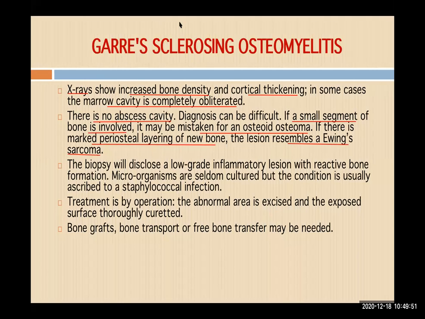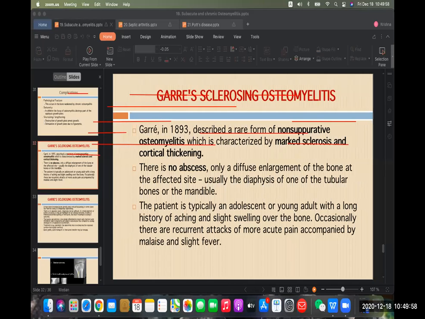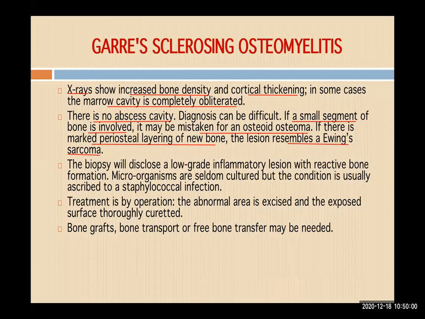Osteoid osteoma is a benign tumor of the bone. I will talk about the bone tumor class later on, probably in the next few classes, when we classify the different types of bone tumor. Some are benign, some are malignant. Osteoid osteoma is a painful, benign condition in the bone.